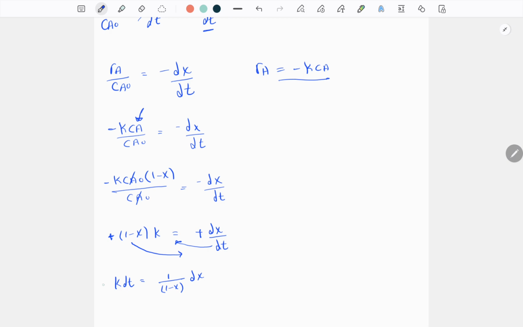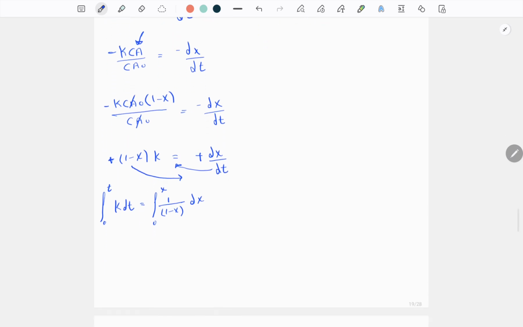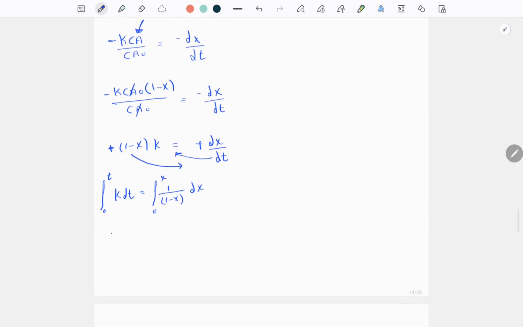Okay, if we integrate both sides, the left side has limits from 0 to t, and the right side has limits from 0 to x. We'll be left with kt equals negative ln 1 minus x.